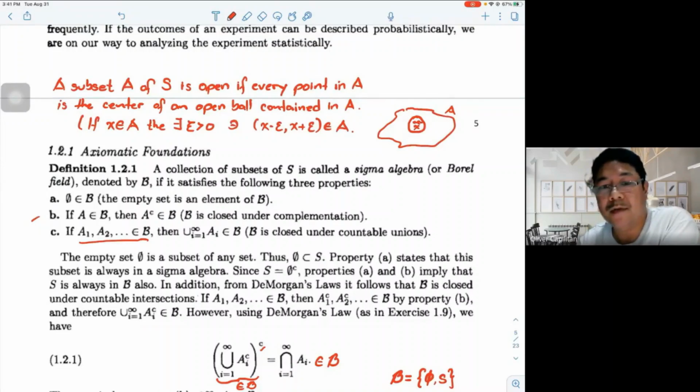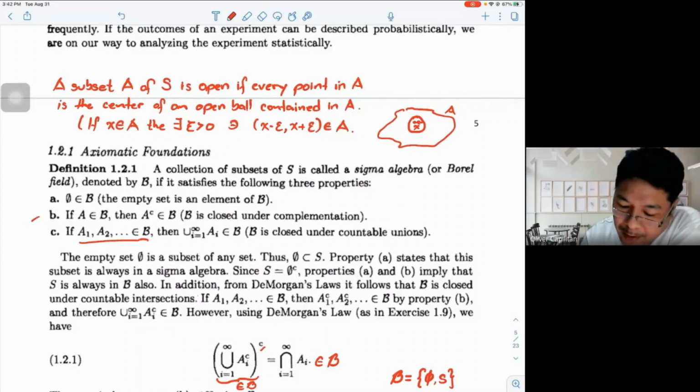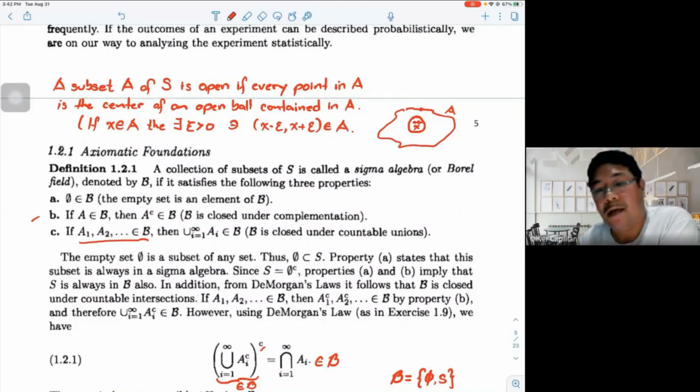Then this interval x minus epsilon and then x plus epsilon should be an element of this subset E. So kung ito yung x, kung nandito yung x nasa border na part, if x is an element of A here, so that means A is not open because meron tayo kung center yan siya.